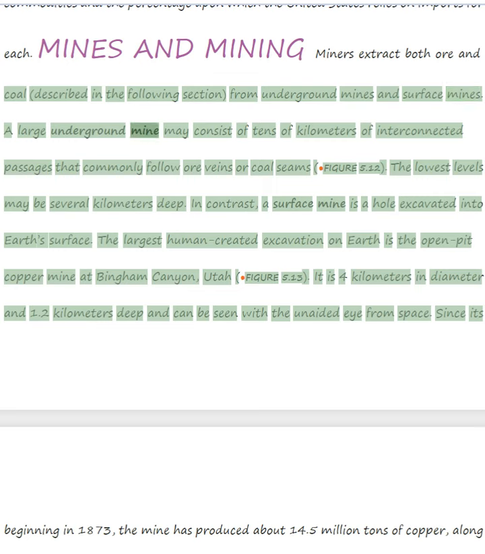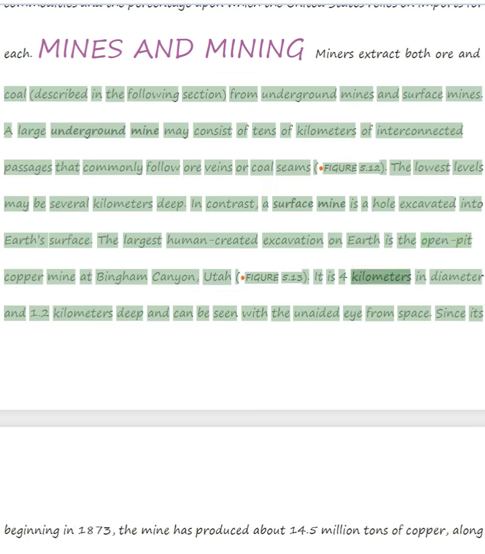A large underground mine may consist of tens of kilometers of interconnected passages that commonly follow ore veins or coal seams. The lowest levels may be several kilometers deep. In contrast, a surface mine is a hole excavated into Earth's surface. The largest human-created excavation on Earth is the open-pit copper mine at Bingham Canyon, Utah.